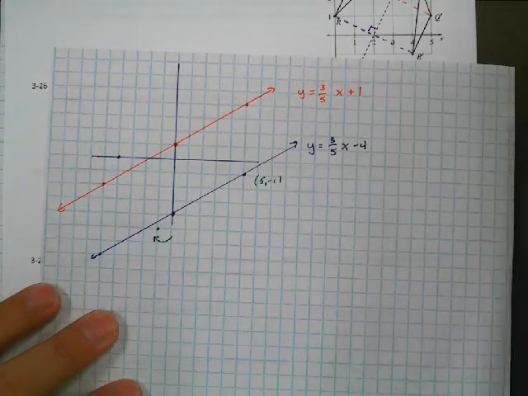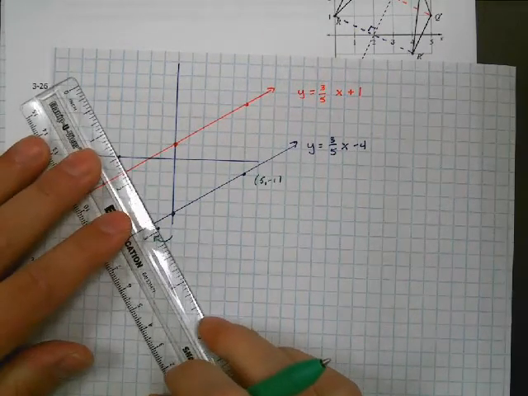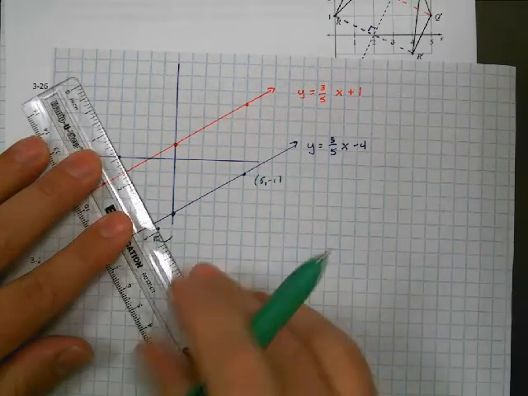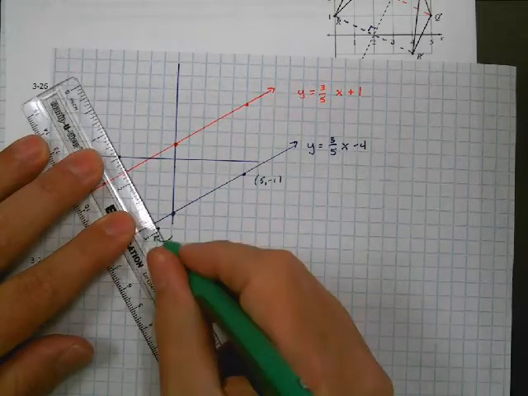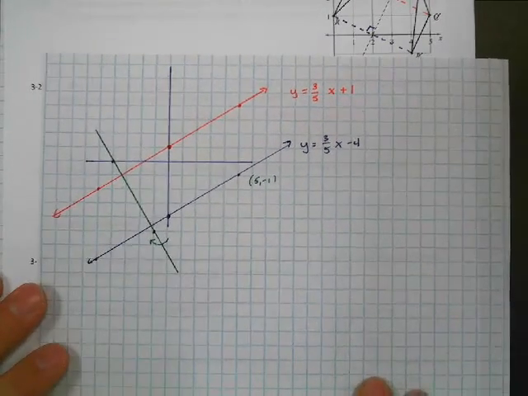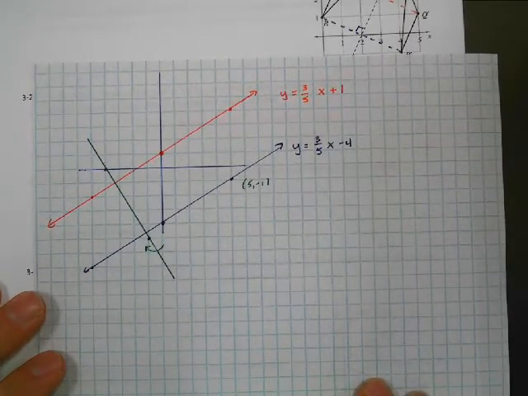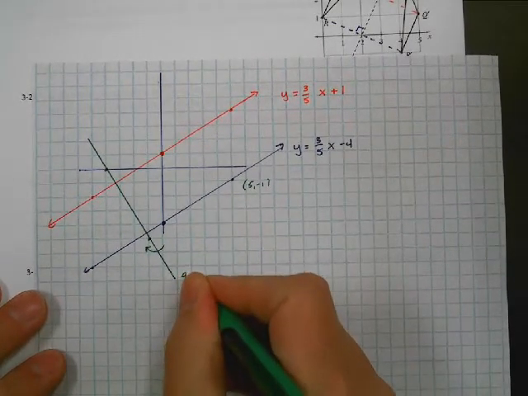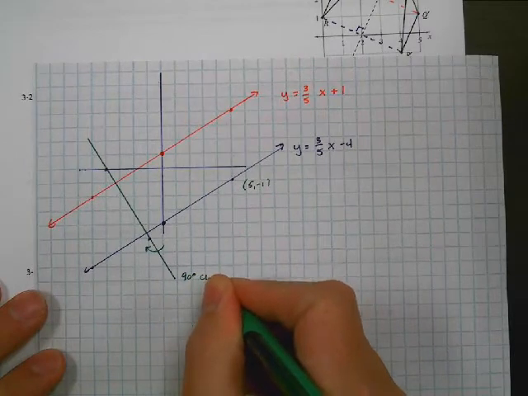Okay, so we've got a new line. We have rotated it 90 degrees clockwise. There's our new line. Okay, so this is 90 degrees clockwise rotation.